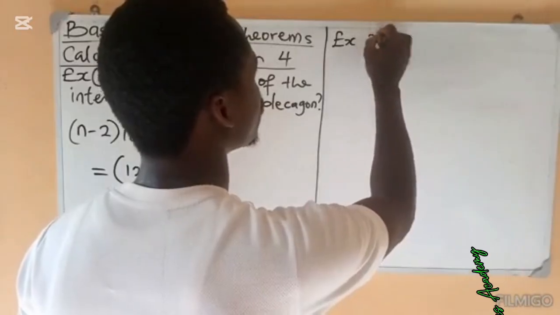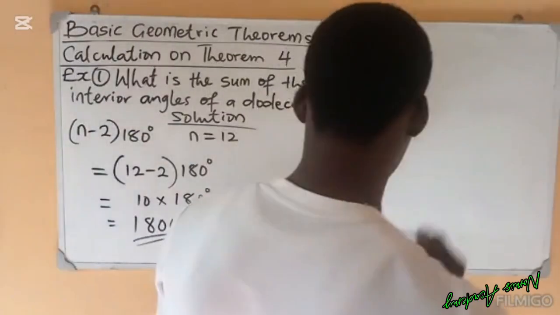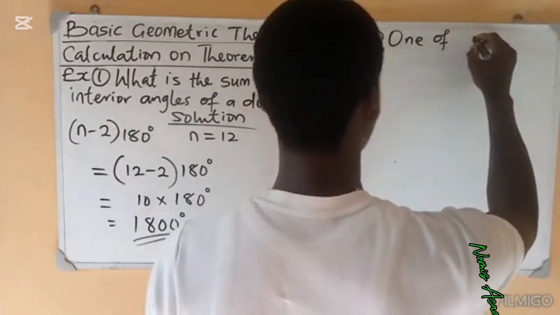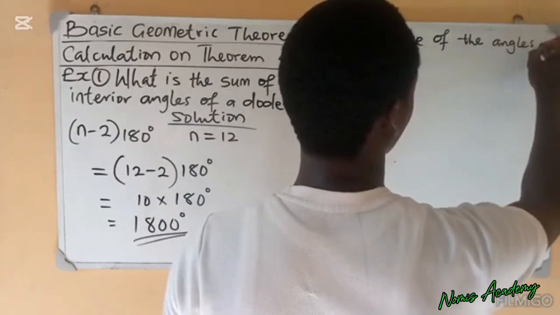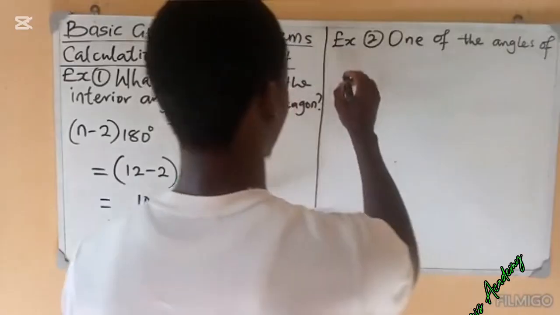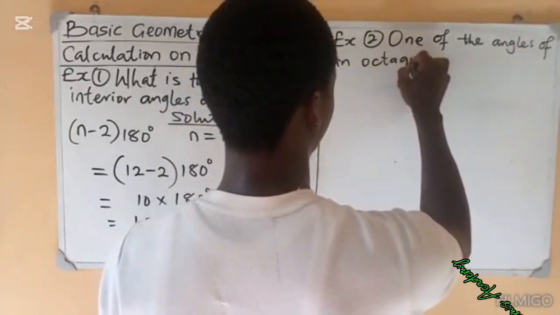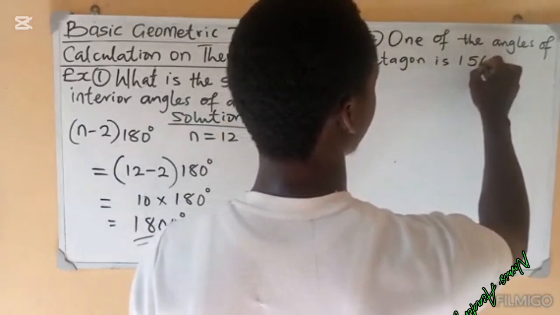Example 2. It says, one of the angles of an octagon is 156 degrees.